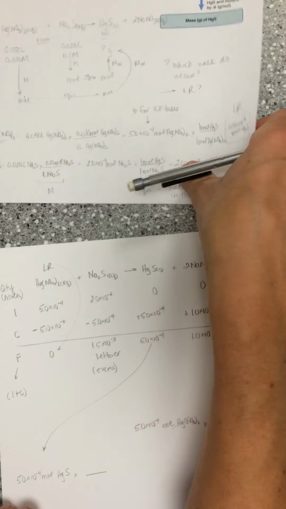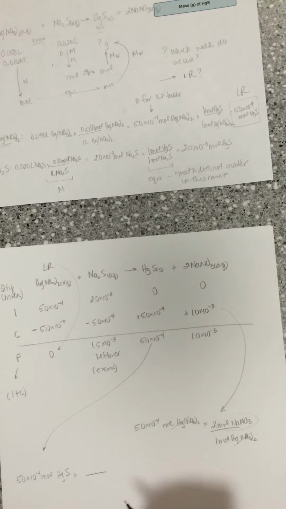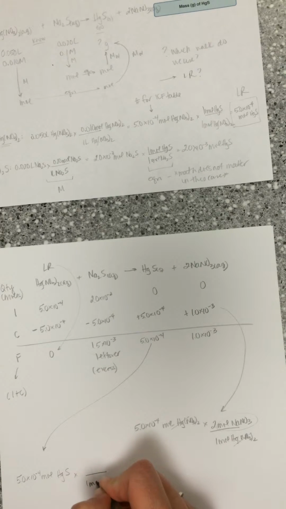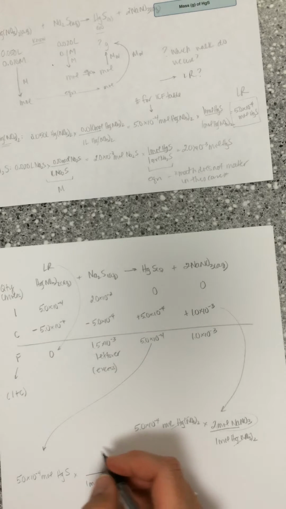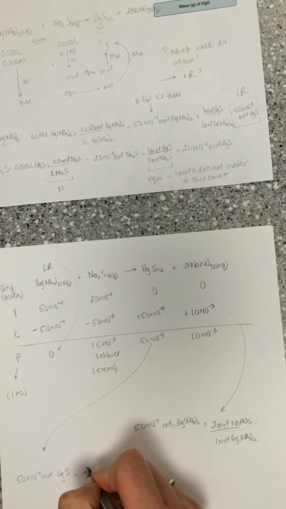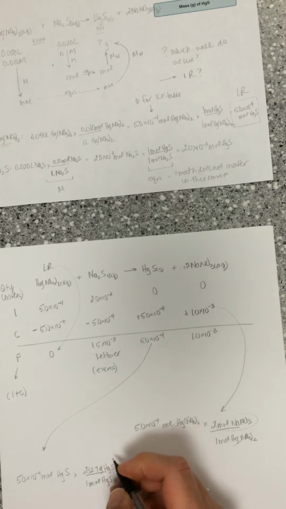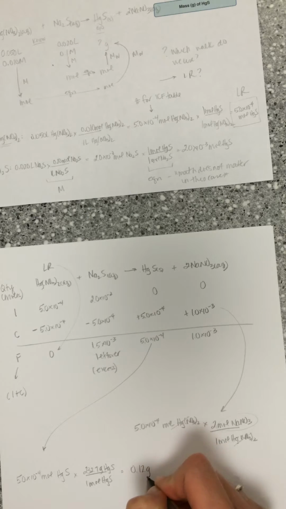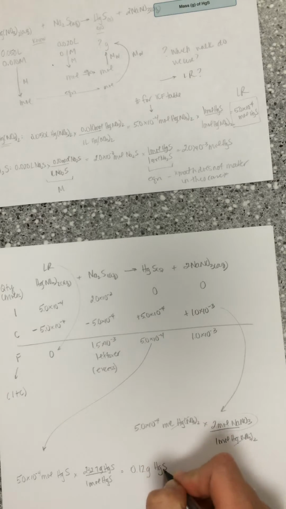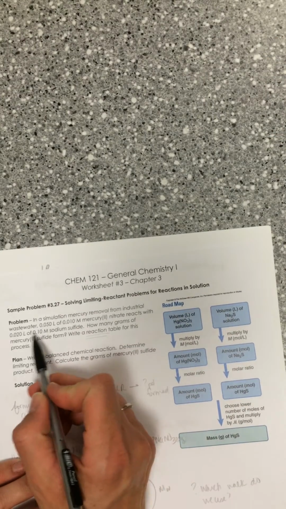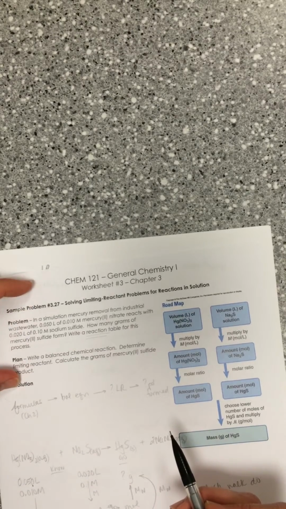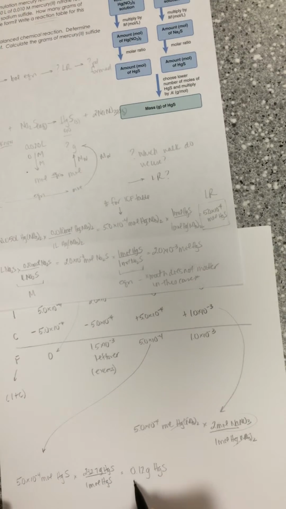Our last step here is to use the molar mass of mercury sulfide to figure out the number of grams that we make. So 1 mole of mercury sulfide is 232.7 grams. That works out to 0.12 grams of mercury 2 sulfide. Again, looking at the number of significant digits, we have 2 significant digits for all of the quantities that are provided, so 2 significant digits in our answer.